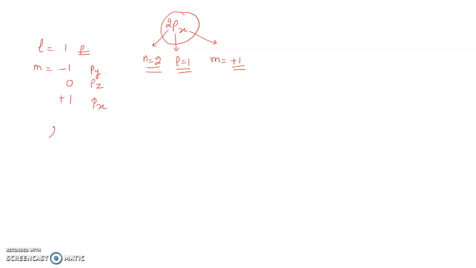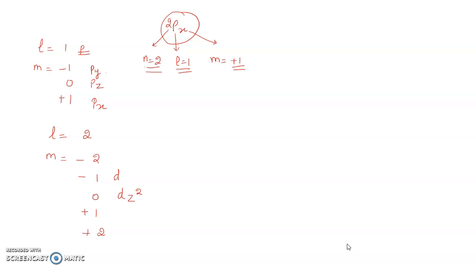Similarly for d orbital, for L equal to 2, m can have values -2, -1, 0, +1, +2. Now in this, 0 value is dz square.